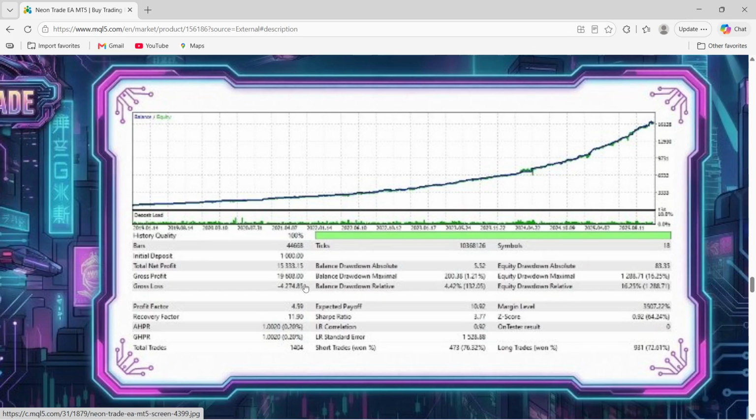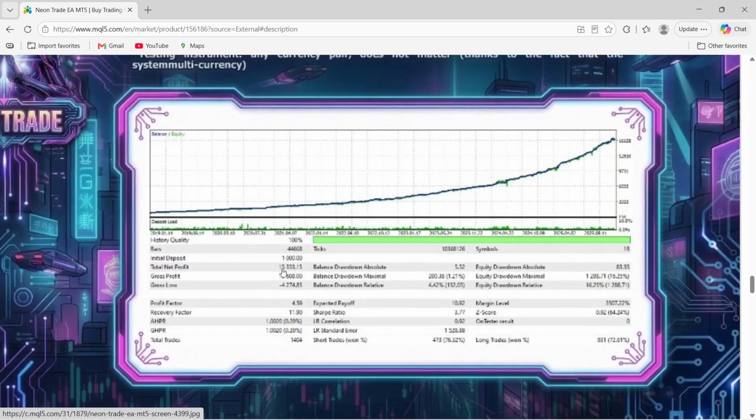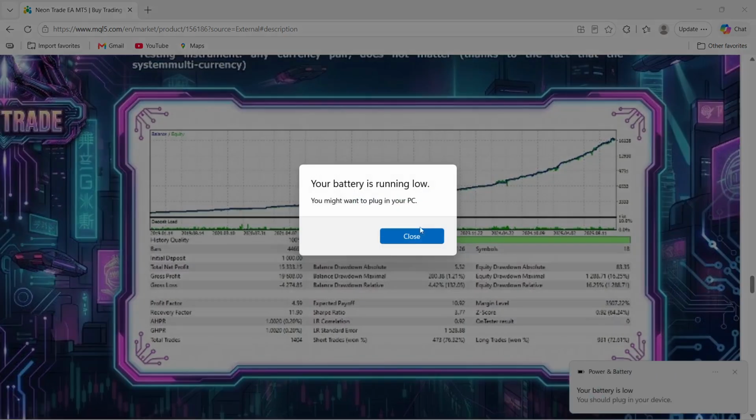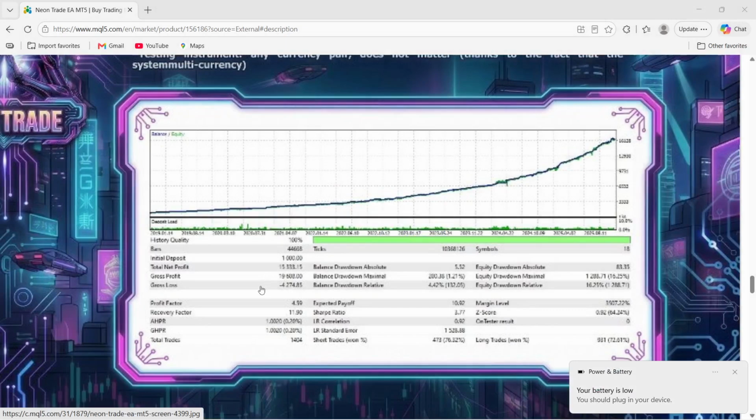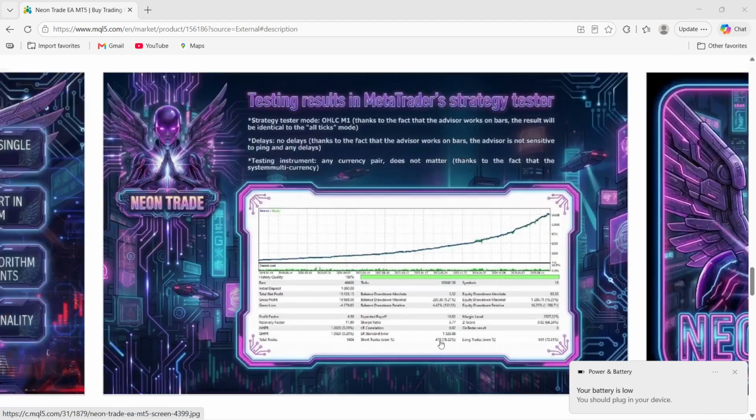For the initial deposit of $1,000, we can see a total net profit of over $55,000. We had a profit factor of 4.59 and a drawdown of just 1.21%.